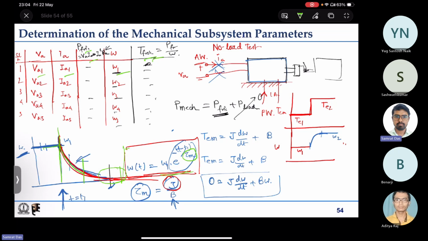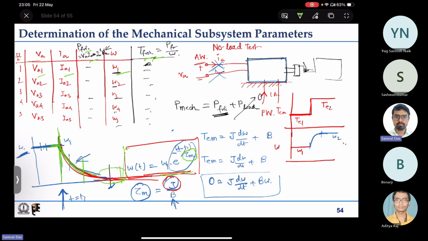In the deceleration test, we allow the motor to run up to some speed, and then suddenly switch off the supply and record the fall of speed of the motor, and try to fit it by this first order falling curve. We get the mechanical time constant, and we get the J from there.